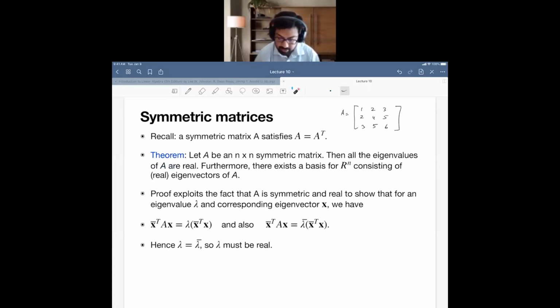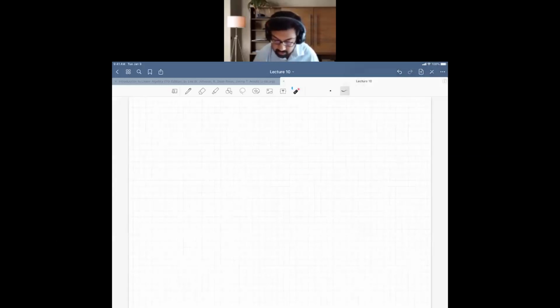So that's a symmetric matrix. Now, for symmetric matrices, all the eigenvalues are going to be real. That's the theorem. And if all the eigenvalues are real, then the eigenvectors are going to be real, and they are going to form a basis for R to the n. All real eigenvectors. Now, for the proof, let me prove it on the next slide.